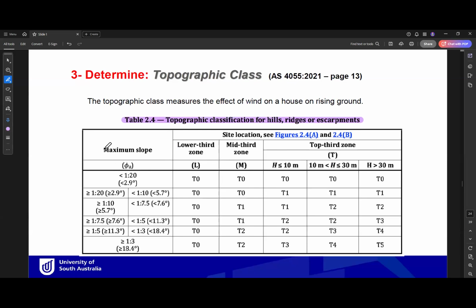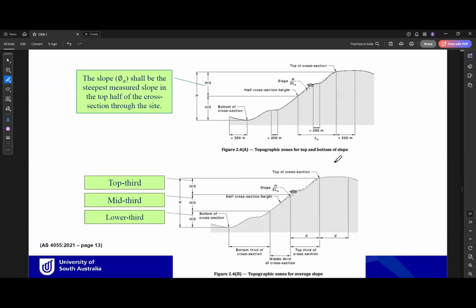This depends on the slope of this hill or the slope of this area, and we divide the slope or the hill into 3 parts: lower third zone, mid third zone, and top third zone. If you look at this diagram here, this diagram explains what is meant by this parameter.